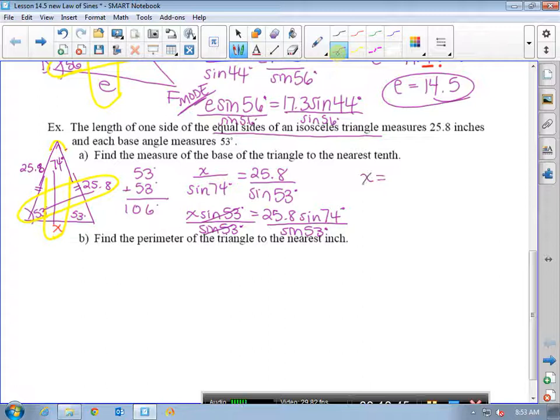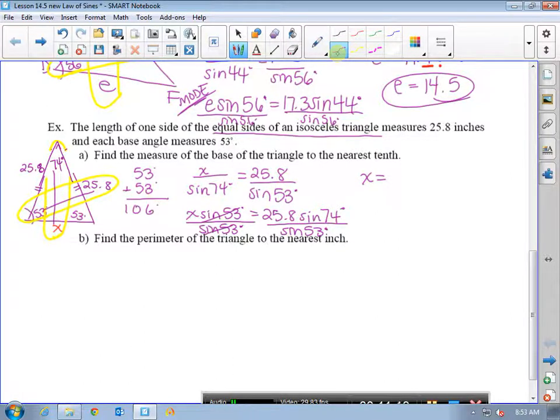We've got x equals, grab our calculator, 25.8 times the sine of 74, and I hit enter, divided by the sine of 53, and check all those numbers, and I have a different number than is on my paper.